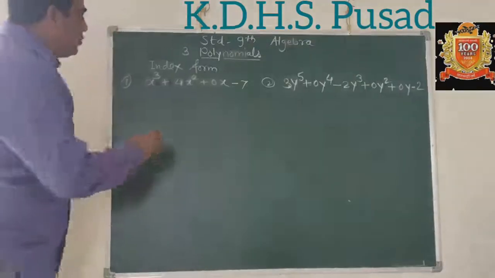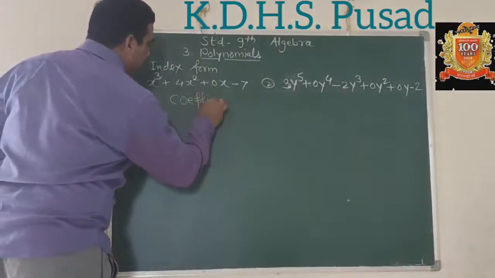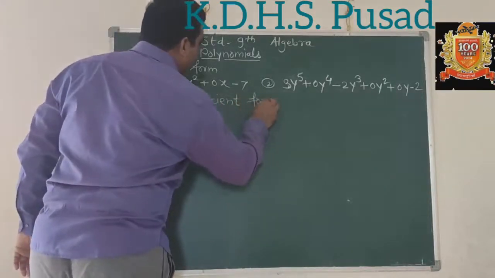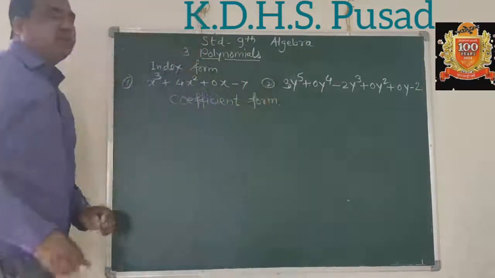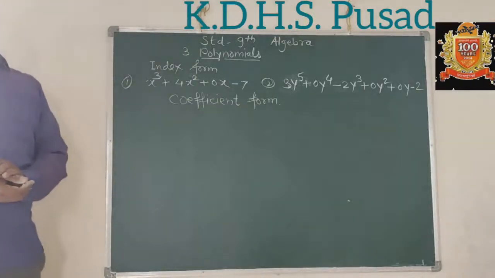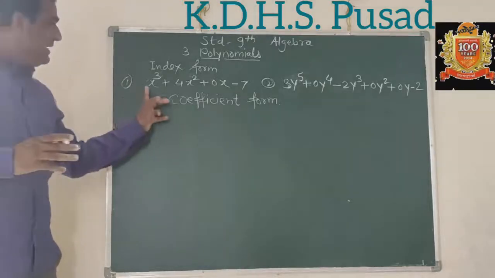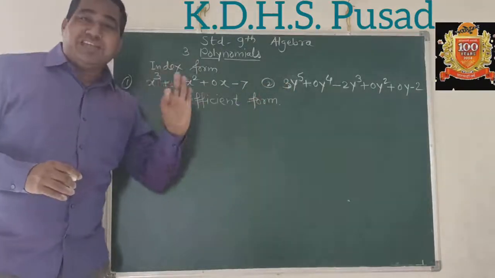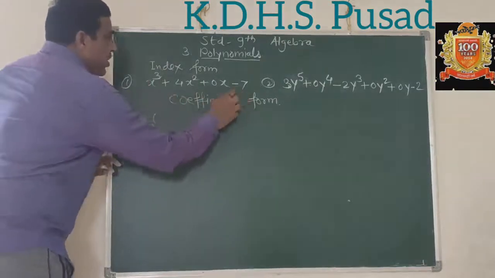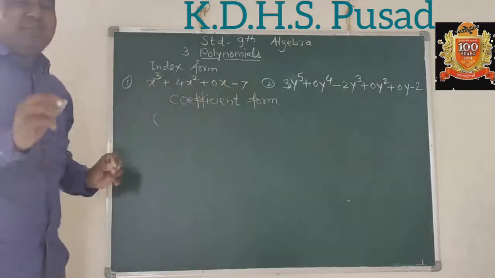Now we want to study coefficient form. Coefficient form of polynomial. For coefficient form, you have to write the polynomial in index form first, and then in brackets, you have to write only the coefficients, separated by commas.